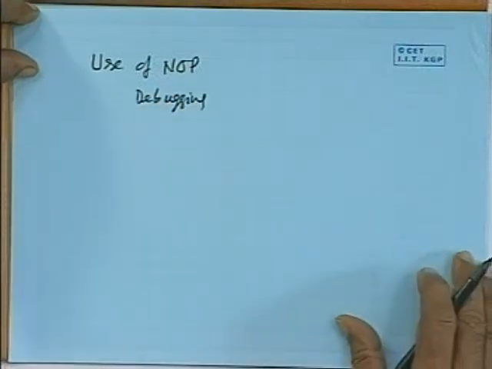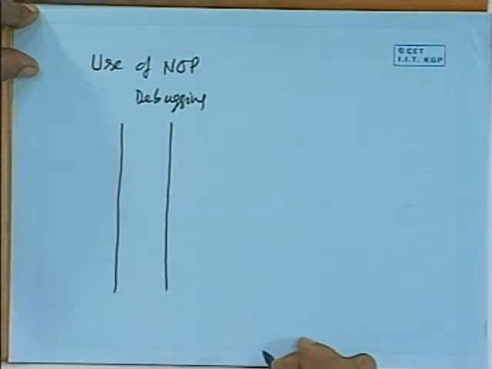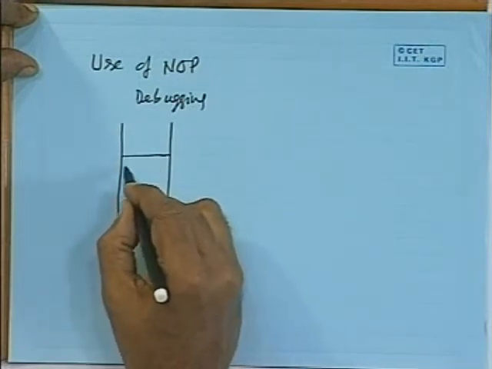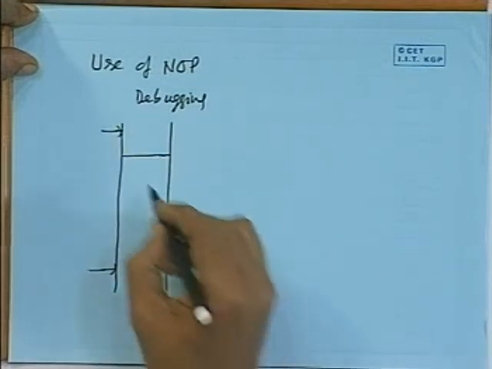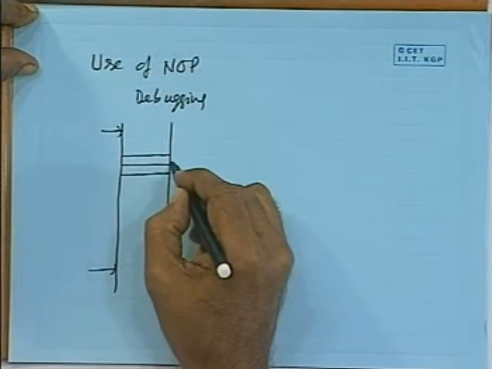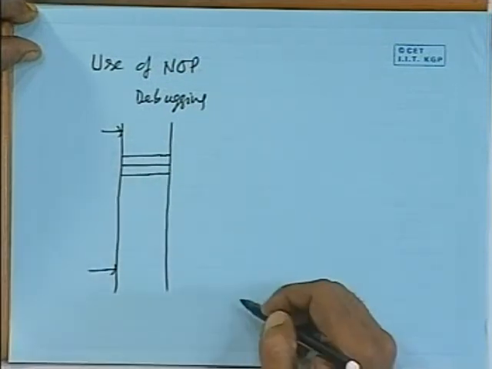How? Let us see. Suppose you have a program, and you have found that this program is from here to here, this point to this point, let us assume. And while debugging, you have noticed that these two instructions, or maybe a single instruction, has to be removed from the program.